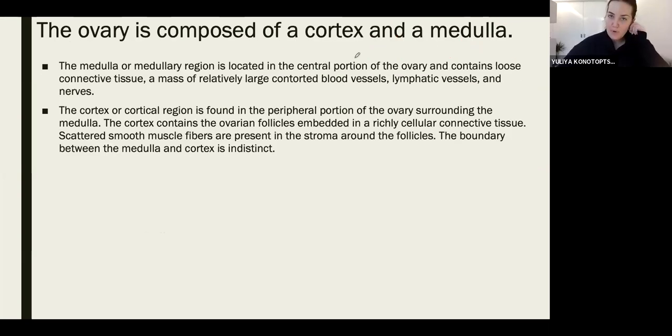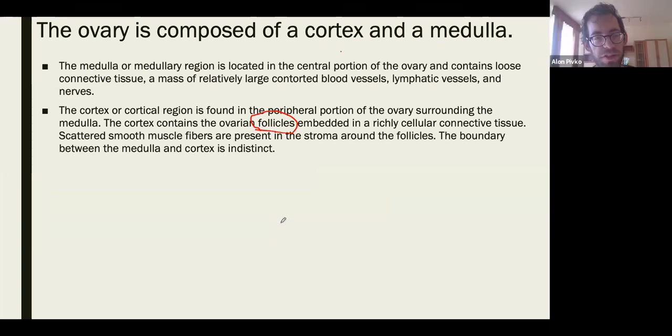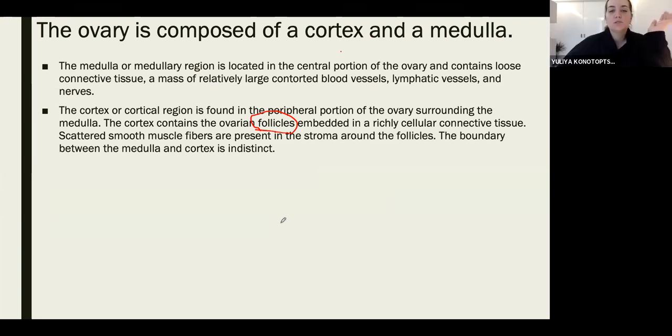Histologically, the ovary is composed of cortex and medulla. In the medulla, you don't have any follicles. Could somebody refresh my memory? What is a follicle? Last semester we learned it. What does it consist of?